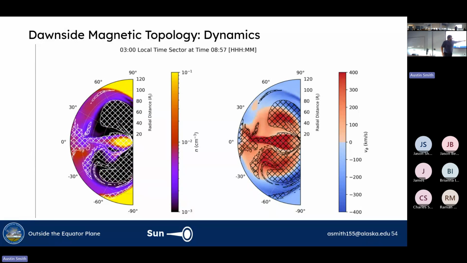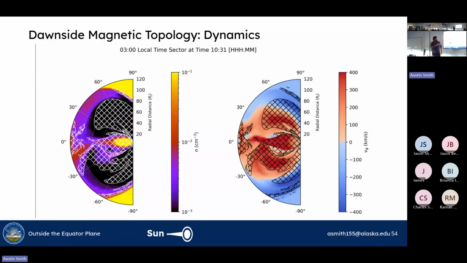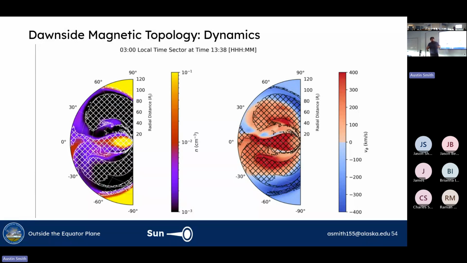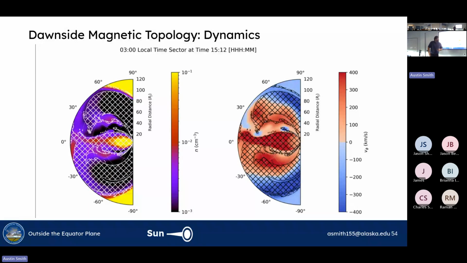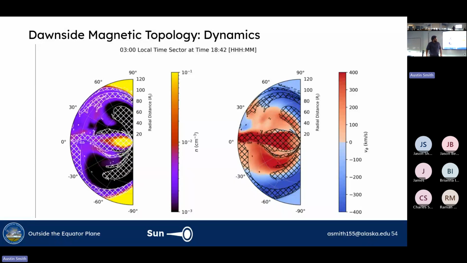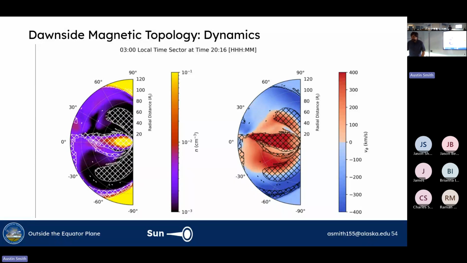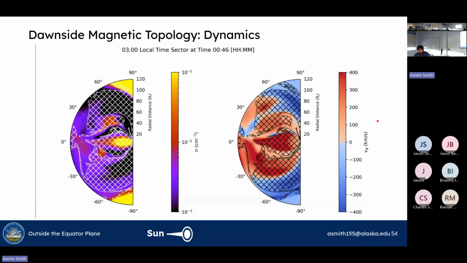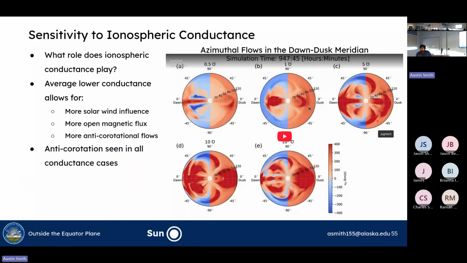And here you can see that there are instances of anti-co-rotational flow in the model. Just on average, it appears as reduced. So there's some regions of anti-co-rotational flow. There's a lot of dynamics happening too. Positive is with the co-rotation. Yes, positive red is with co-rotation.